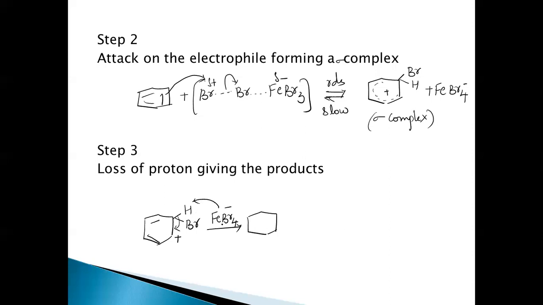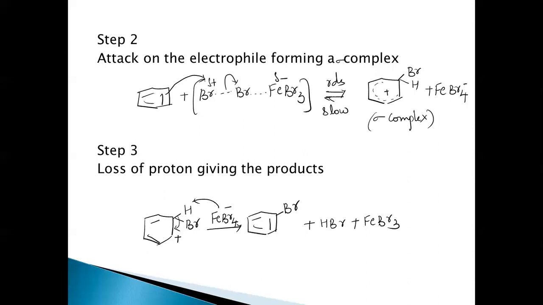The proton is lost to FeBr4 minus, thereby regenerating the aromaticity with the substitution, that is the bromine on the ring, plus HBr, and the catalyst is regenerated, that is the Lewis acid.